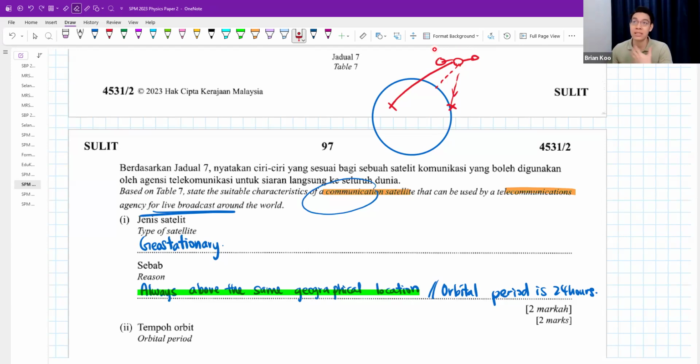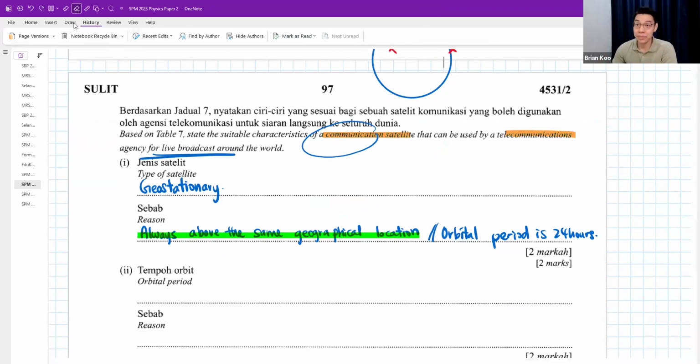If it's GPS, weather forecast, it doesn't have to. For GPS, weather forecast, the satellite needs to move around to watch the Earth, to see the traffic of the Earth, to see the weather of the Earth, the weather changes. So it has to move around. It cannot be geostationary. Okay.